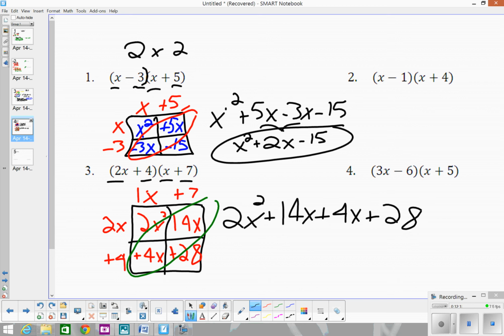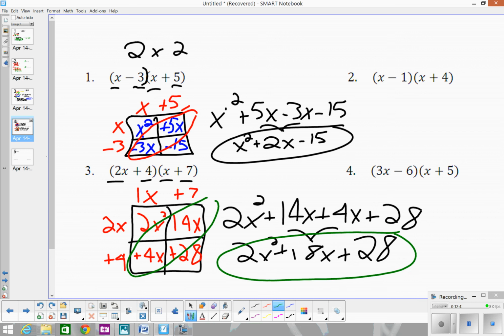Sorry, I'm writing big. Good. Now, like I said, almost always this upper diagonal is going to contain like terms. So 14x and 4x make 18x. Add 28. Bring down the 2x squared, and just like that, I have my answer. So my answer would be 2x squared plus 18x plus 28.